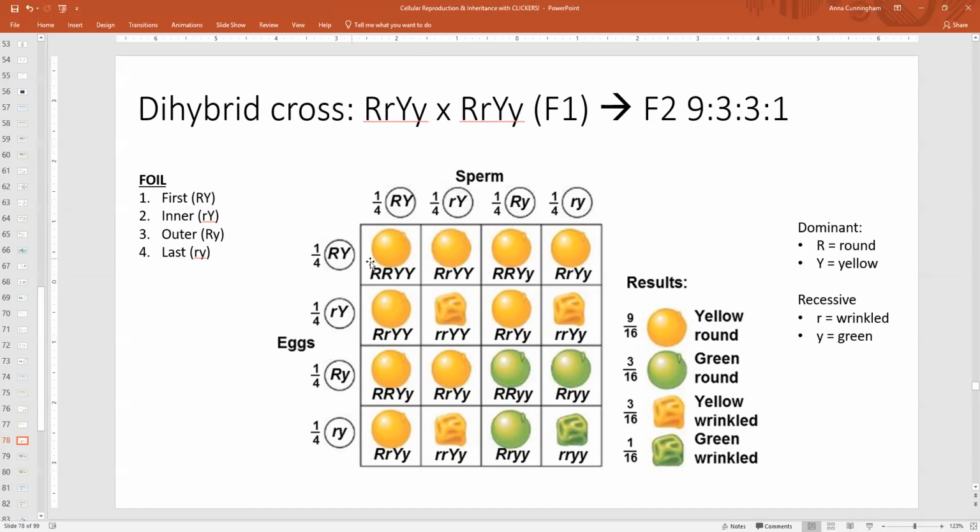So here the result is one dominant allele for R, and then we have a capital Y, so homozygous dominant for color. And then you just do that box by box by box by box.